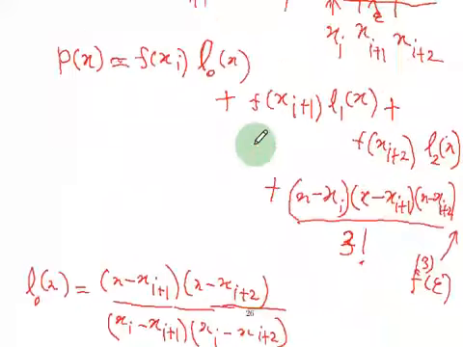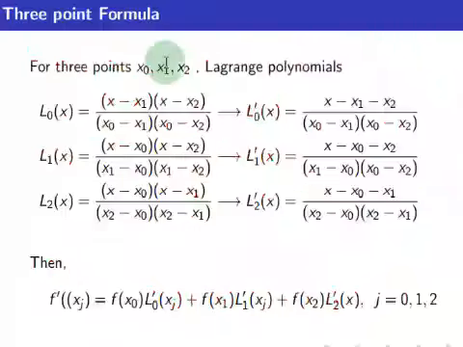Now basically we want to find, look at this here, same thing, but they wrote capital. These are the cardinal functions, right? So first cardinal function, second one, third one, right?